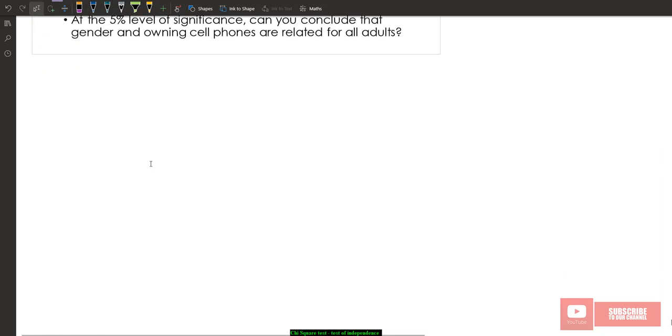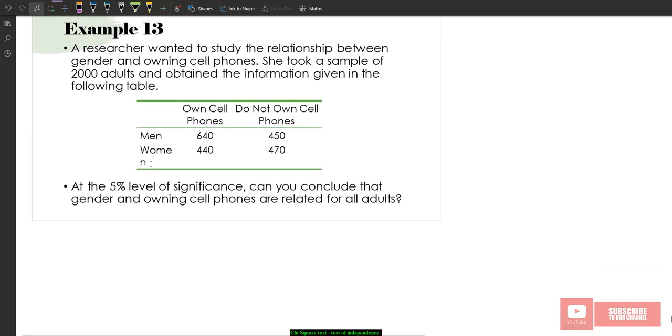Right. Now let's look at the last example for this chapter. For the last example, example number 13, a researcher wanted to study the relationship between gender and owning a cell phone, right? So she took a sample of 2,000 adults and obtained the information given in the following table.